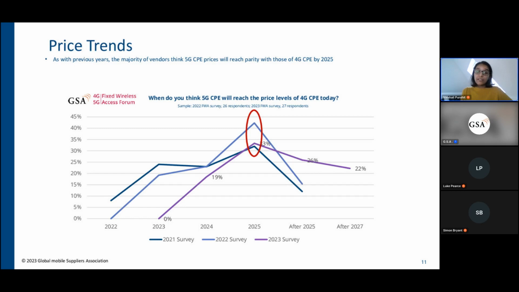The majority of vendors think 5G CPE prices will reach parity with those of 4G CPE, with supply-side shortages, component costs, and economies of scale helping to decrease costs over the next few years. Still, 26% believe it could be after 2025, with 22% believing it may be after 2027 until the costs come down as quickly.